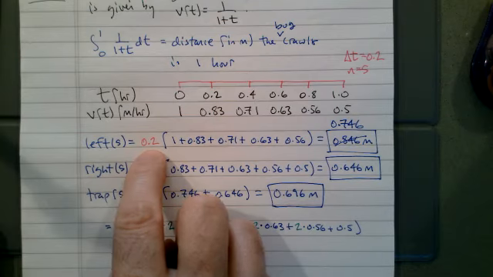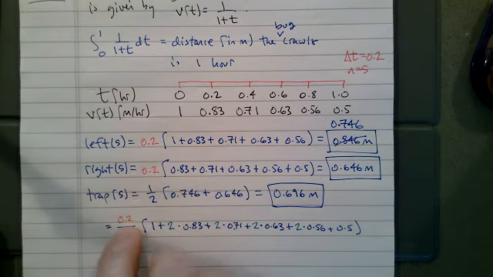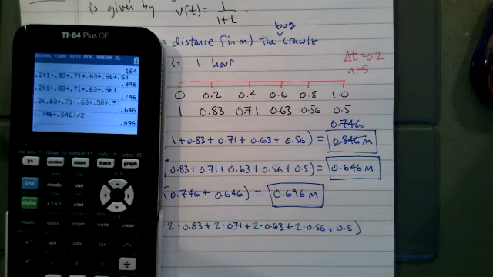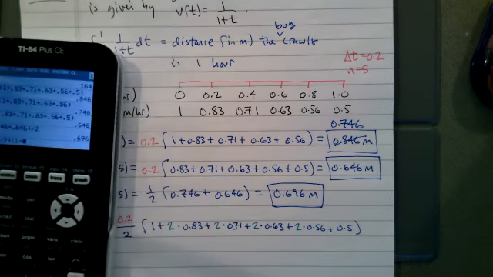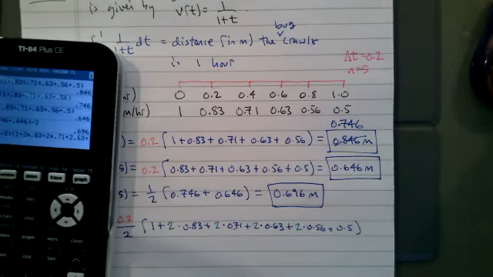If I factor out the 0.2, that gets factored out of the sum as well. So if we run this calculation, I do 0.2 divided by 2 times 1 plus 2 times the 0.83 plus 2 times the 0.71 plus 2 times the 0.63 plus 2 times the 0.56 plus the 0.5 just once.